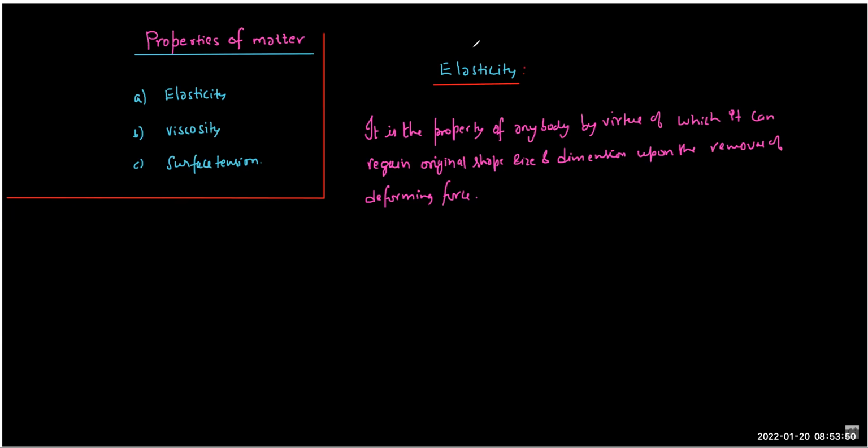It is not about up to what extent you're deforming it. The amount of deformation is not the parameter to judge elasticity. It is quite counterintuitive for most of you, so the definition which you perceived so far is totally wrong, and we have to understand it in a different context.